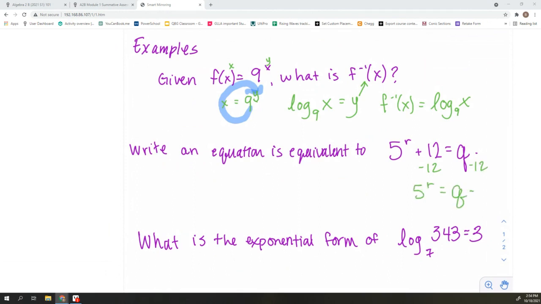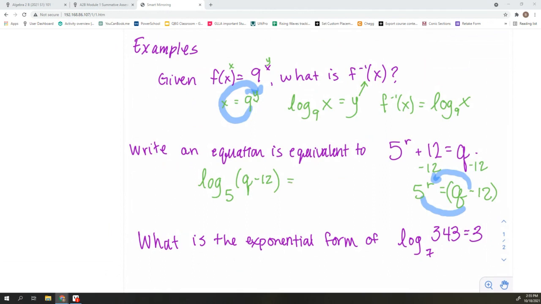And then we're going to do it the same way that we talked about up here, where we have our base to that is equal to that. So we would have log base 5 of q minus 12. Notice I had to put it in parentheses because it's that entire thing on this side that is equal to r.